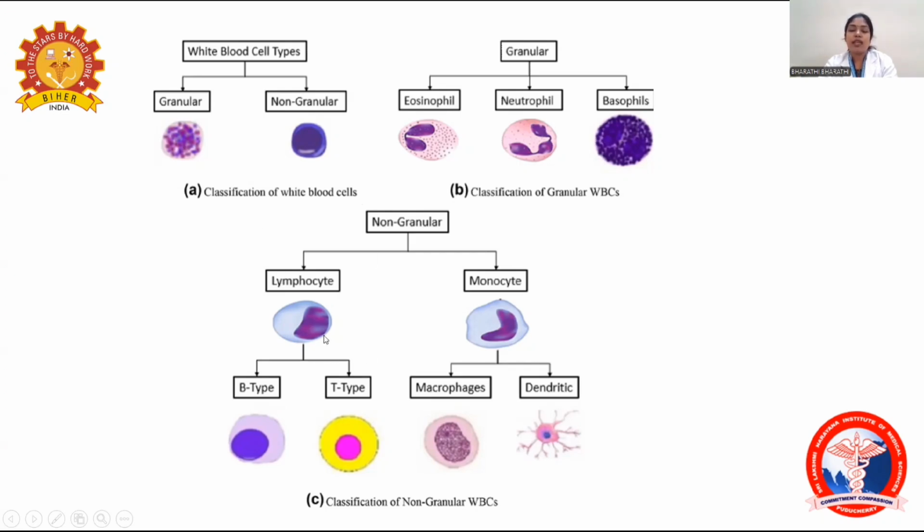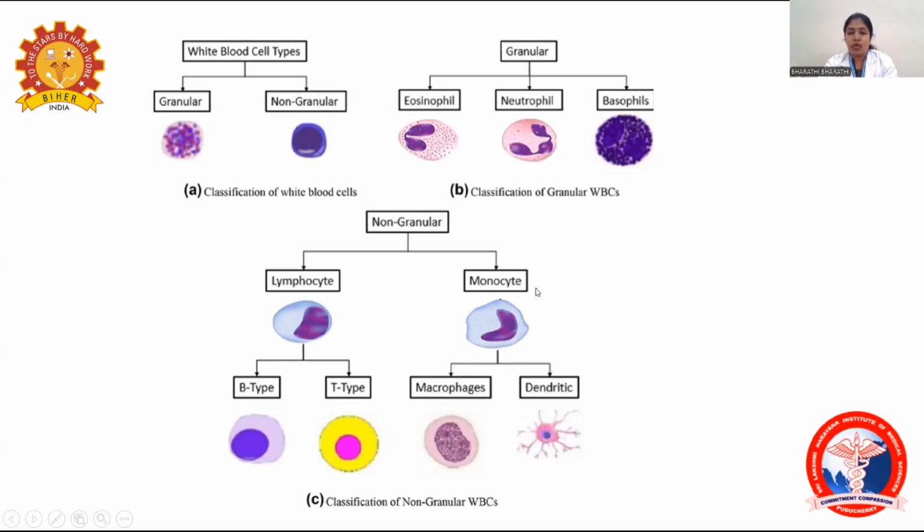As we all know, the lymphocytes are again divided into B lymphocytes and T lymphocytes. How are we dividing lymphocytes into B and T? Depending on the area of maturation. If it gets matured in the bone marrow, it is called B lymphocytes. And if the lymphocytes are matured in the thymus, it is called T lymphocytes. So these are agranulocytes.